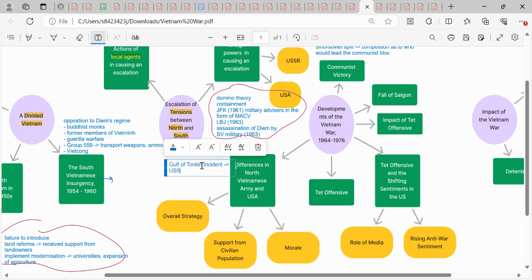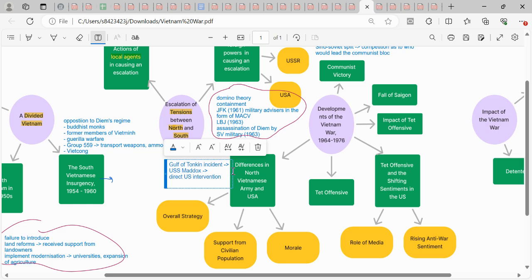USS Maddox. Right, so just some details so that you know direct US intervention. America was able to get involved or intervene without actually declaring war, because technically this was couched in slightly ambiguous language, where America was able to send in soldiers in order to defend their interests.